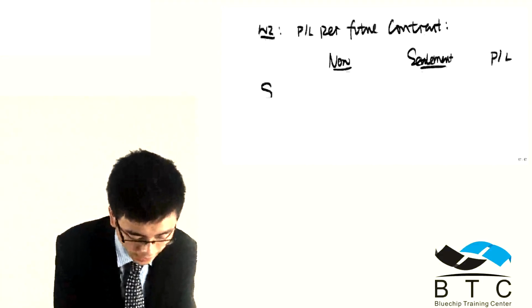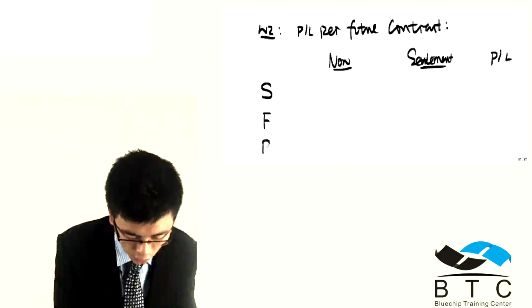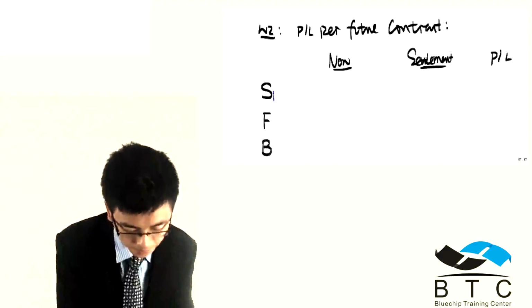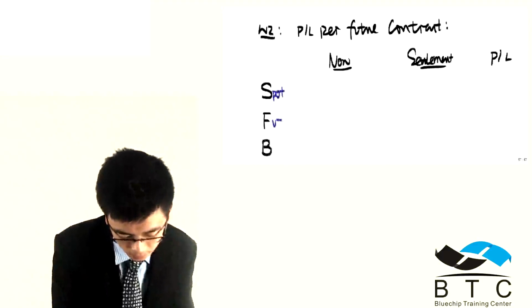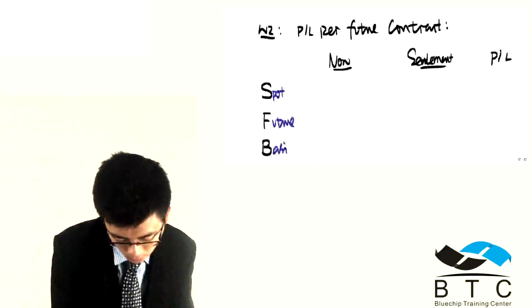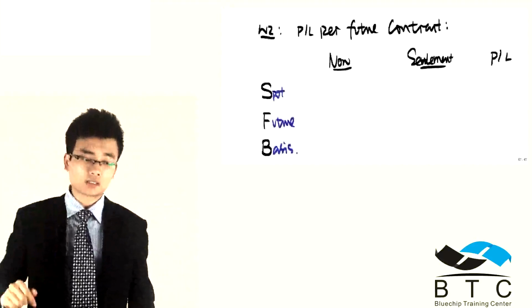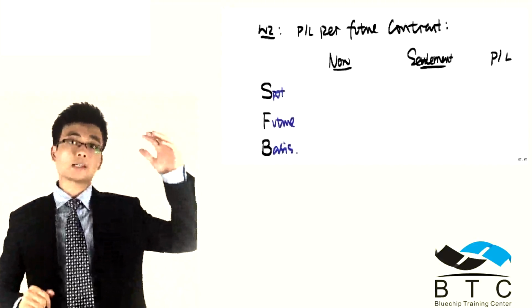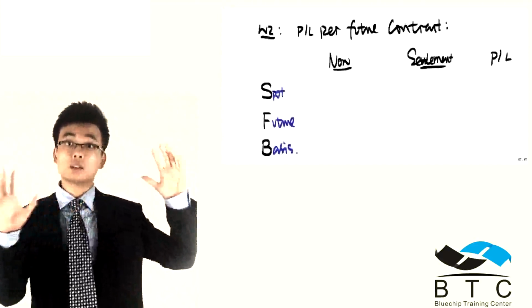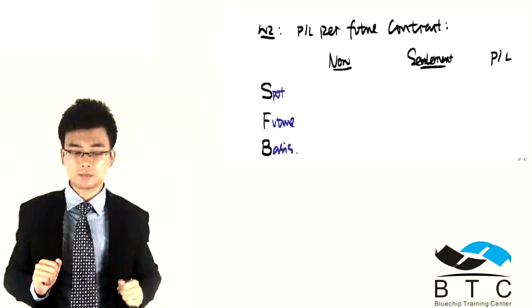And we're going to take the spot rate minus the future rate giving us the basis. So the basis is just the difference between the spot price and the future price. Nothing more, to be honest with you.